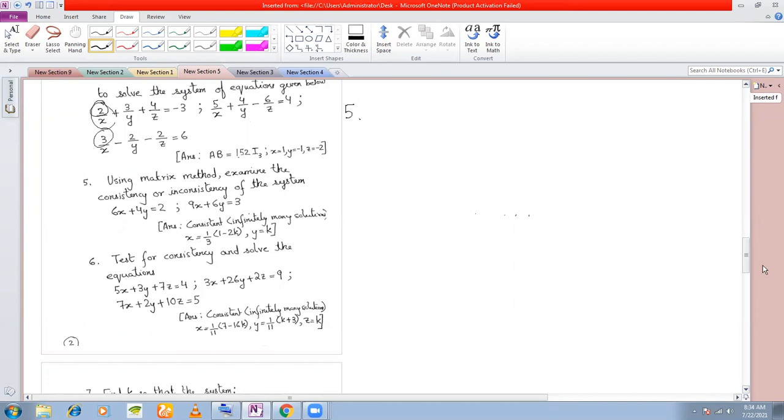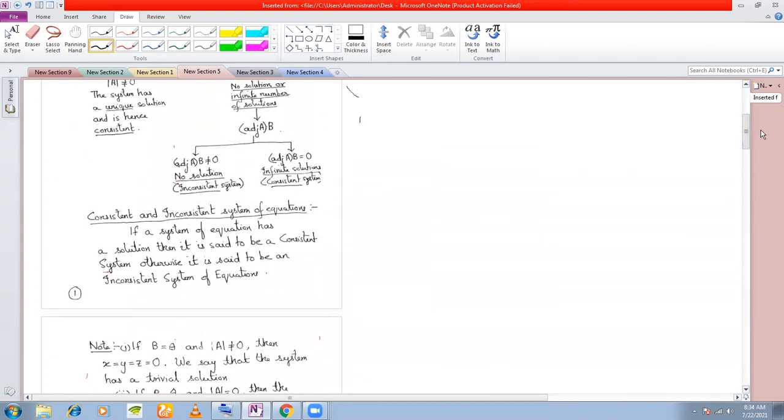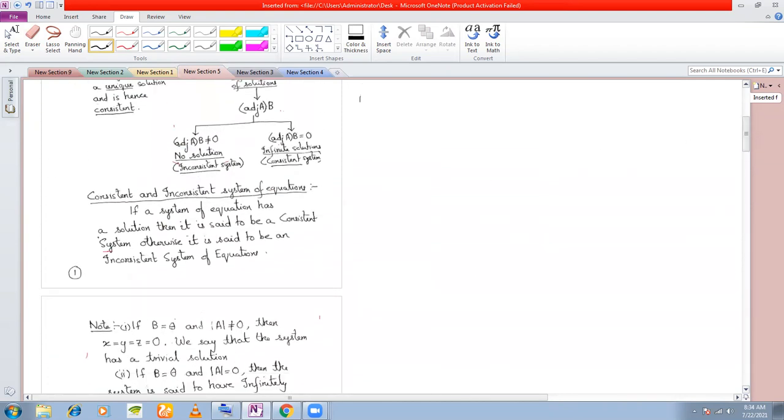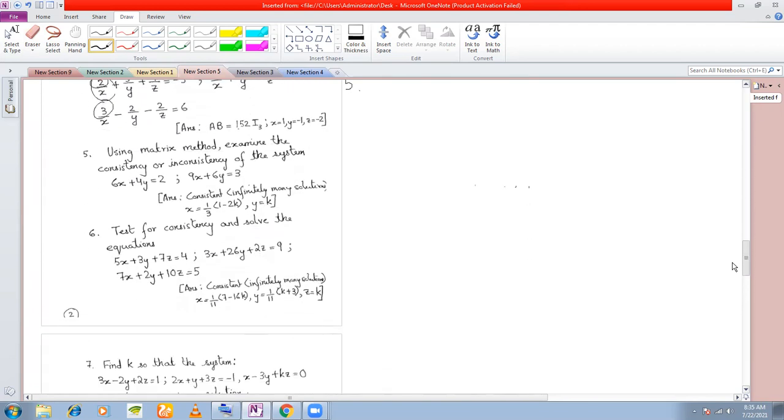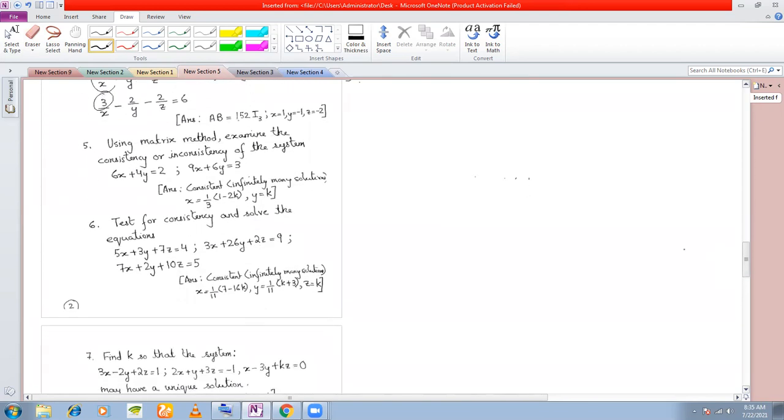Consistency, if you remember, I told you, it's written here. A system is consistent if it has a solution, at least one solution, or an infinite number of solutions. But if the system has no solution, then we call it an inconsistent system. So you need to check whether this system is consistent. Okay, so let's see.